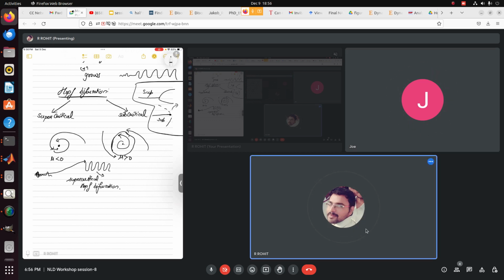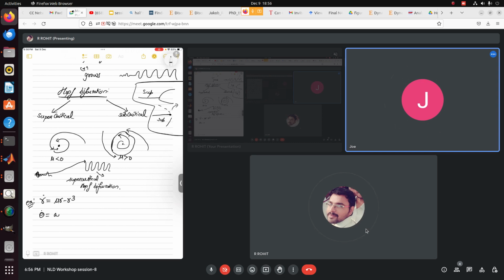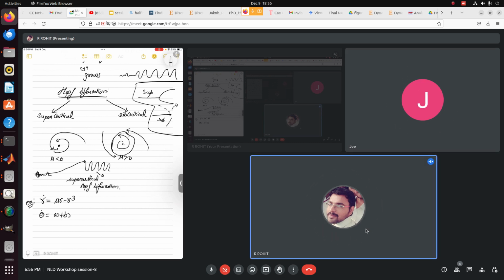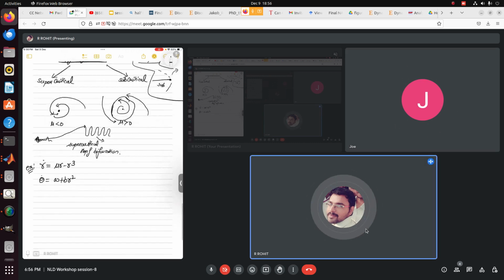If you want to prove how this supercritical Hopf bifurcation works, we will take an example. Say we have the equation r dot equals mu r minus r cube, and theta dot equals omega plus b r square. So we have some r, and in theta terms we have this equation.